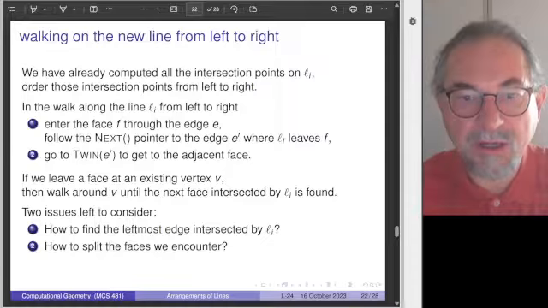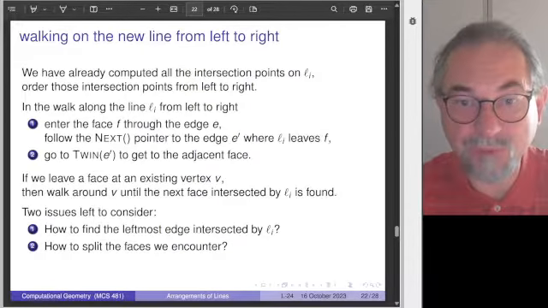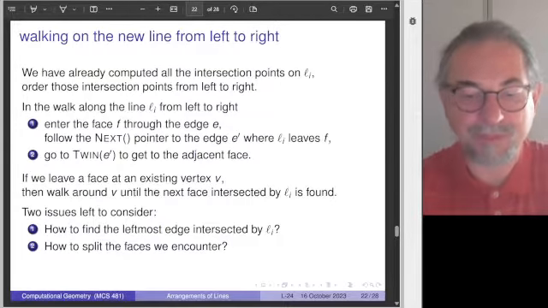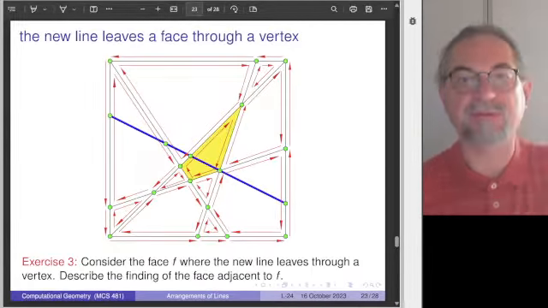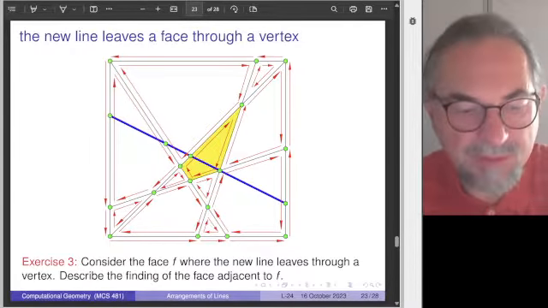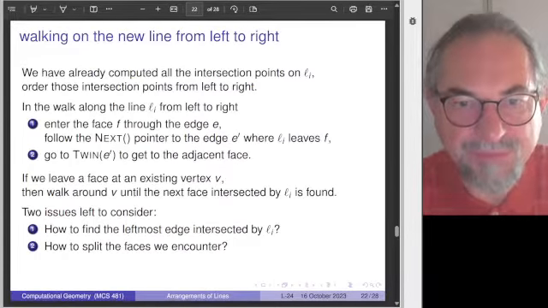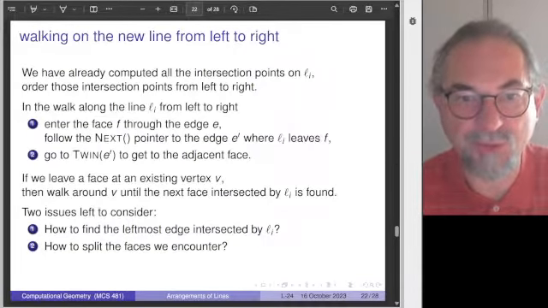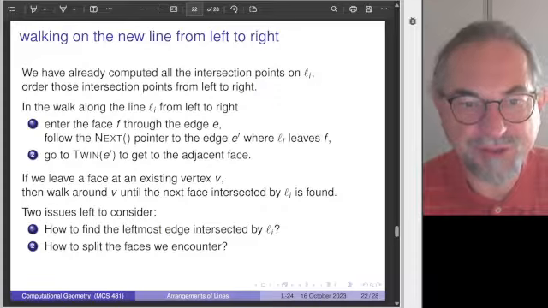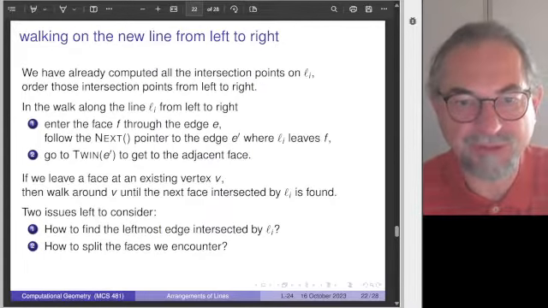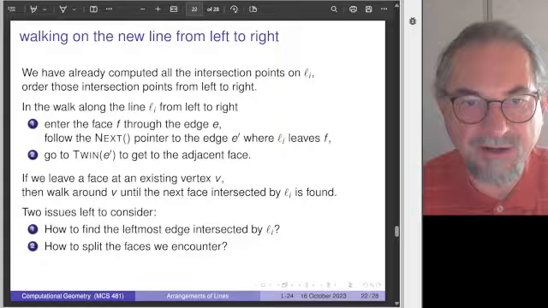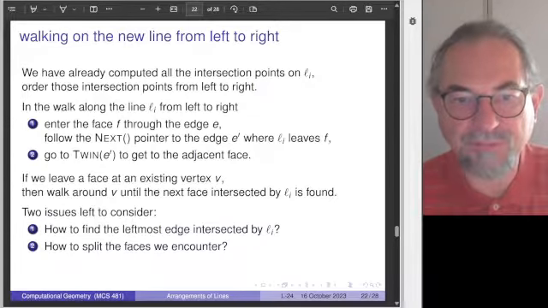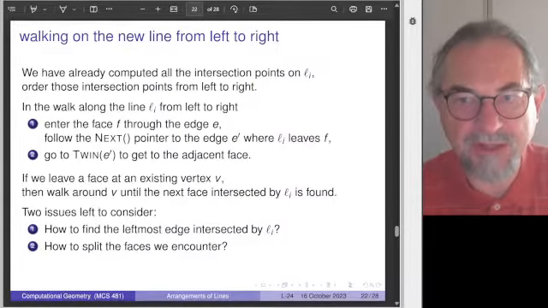How to find the leftmost edge intersected by the line? Perhaps I should show the picture; I was too quick here, and the text is perhaps not so clear. It will become clear when we look at the picture. But here are the questions we need to consider: if we are entering a face, how do we find the leftmost edge, and how do we split the faces?